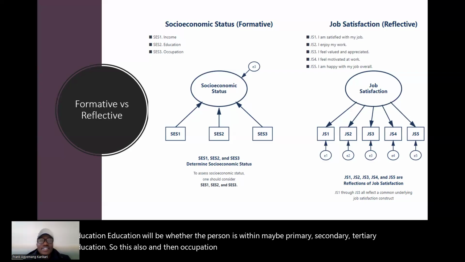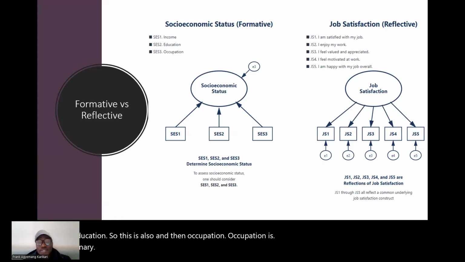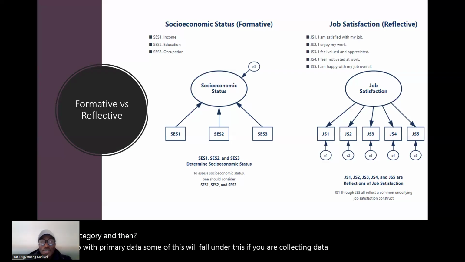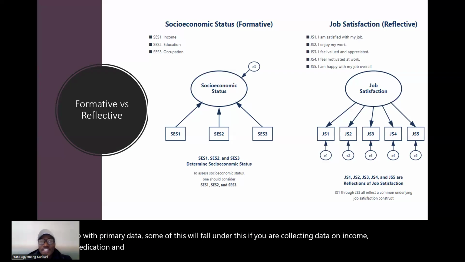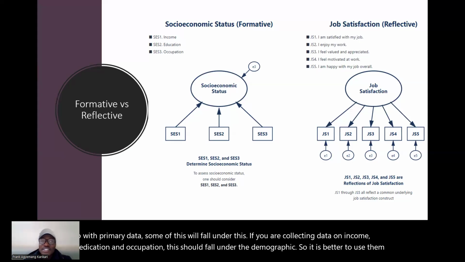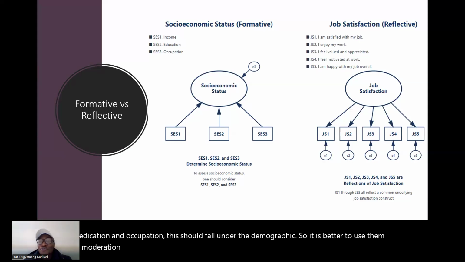Occupation is binary, or nominal. Let me say nominal, because it is not in a particular category. With primary data, if you are collecting data on income, education, and occupation, they should fall under the demographics. So it is better to use them as moderation or probably control variables.